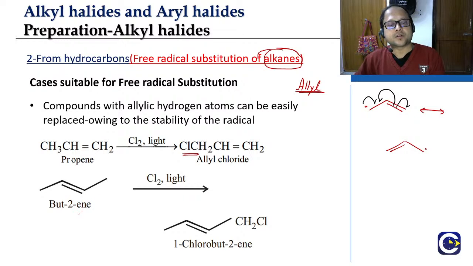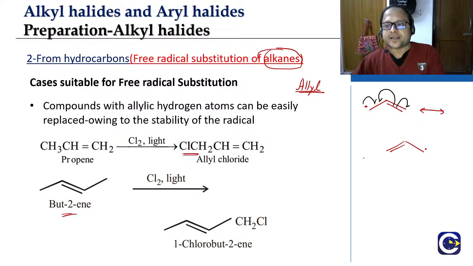Same you can see here also. In case of butene, we are getting the same stuff, that is the allylic position is getting occupied by Cl2, right? Okay, one possibility is here, because resonance is taking place, this is formed. Now this is where you have to think a little intuitively.